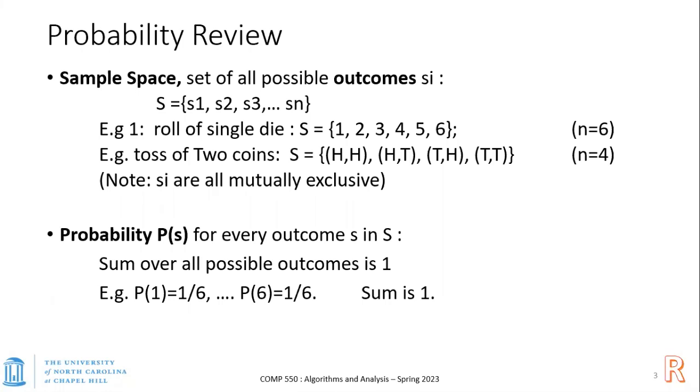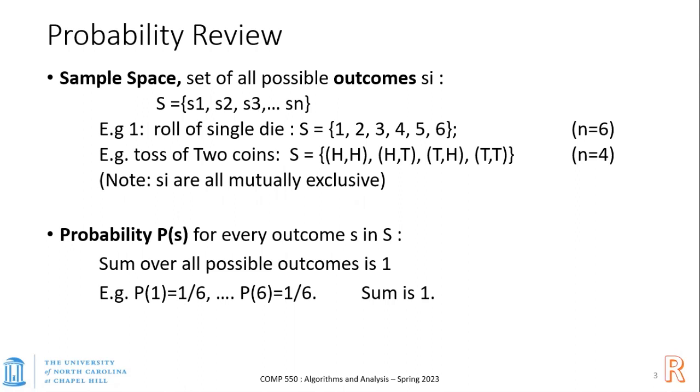We looked at 2 examples of experiments. The first experiment comprised rolling a single die, and the outcomes were the outcomes of a die, which are 1 to 6, and the sample space was the set of all possible outcomes, 1 through 6.